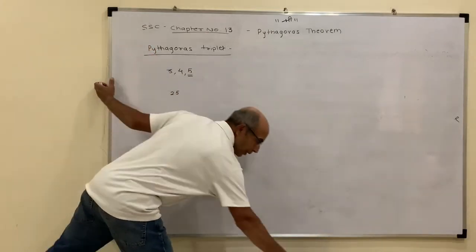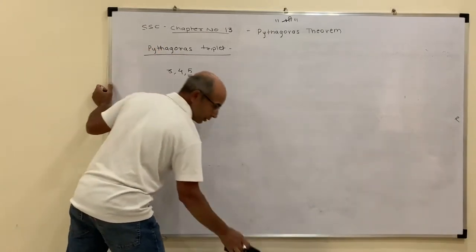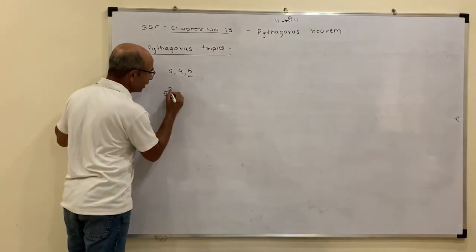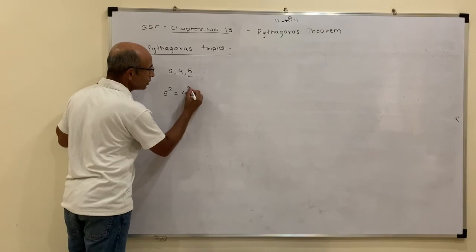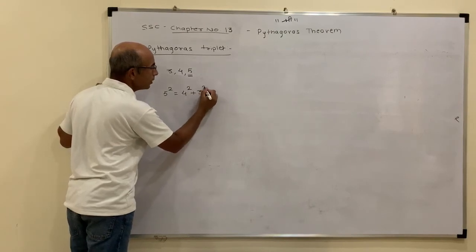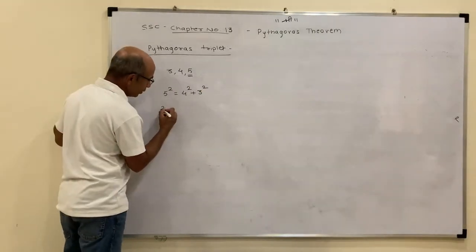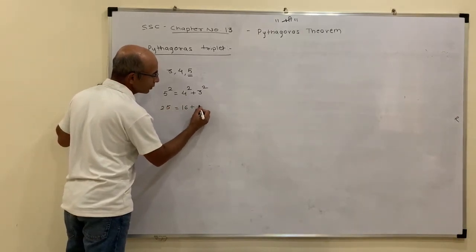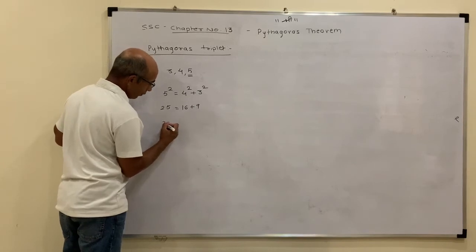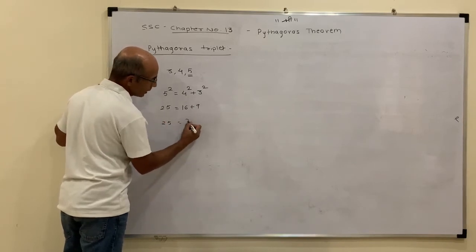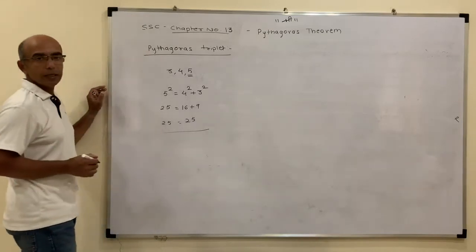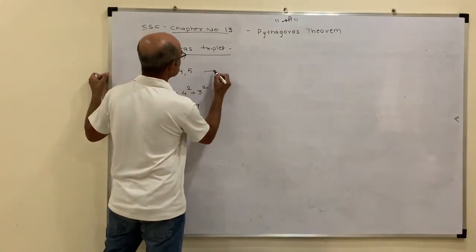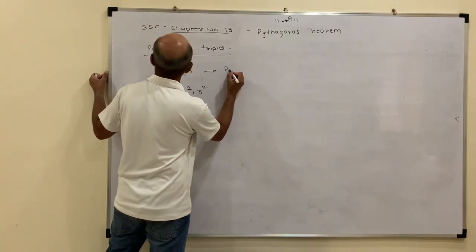So now these are my three numbers. If I say 5 square equals to 4 square plus 3 square, then 5 square is 25, equal to 4 square 16 plus 3 square 9. So 25 is equal to 16 plus 9, 25. If this is true, then this triplet is a Pythagoras triplet.